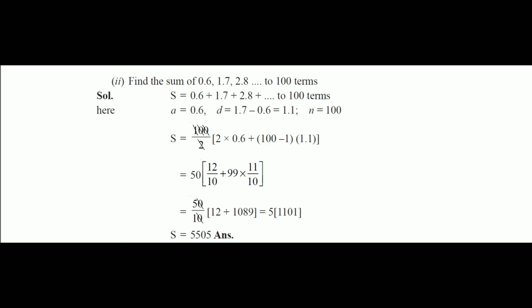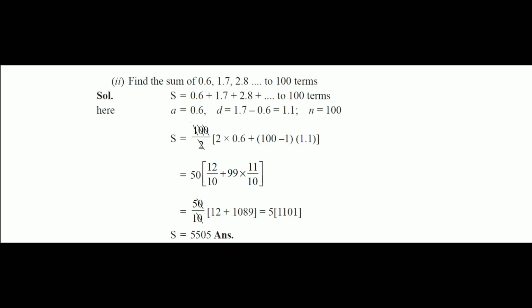Now cancellation, 100 by 2 is 50. Outside the bracket we write 50 and inside 2 into 0.6 is 1.2. 6 2s are 12 and the decimal is there, 1.2, and removing the decimal we write it as 12 by 10.